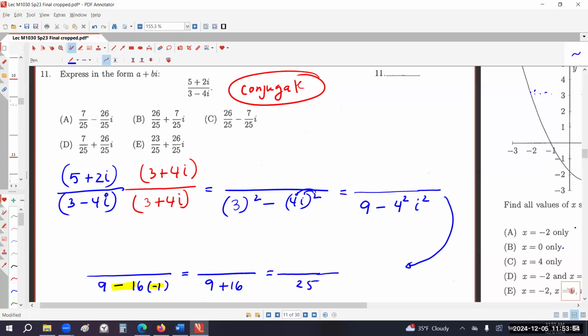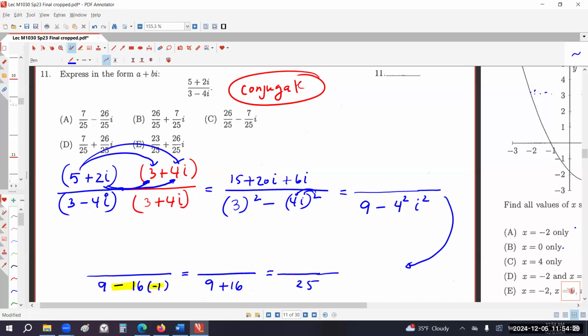So we know our denominator is 25, but it doesn't help us because all of them have denominator 25. So we really need to do the numerator also. What do we do on the numerator? 5 times 3, 15. 5 times 4i, positive 20i. 2i times 3, positive 6i.